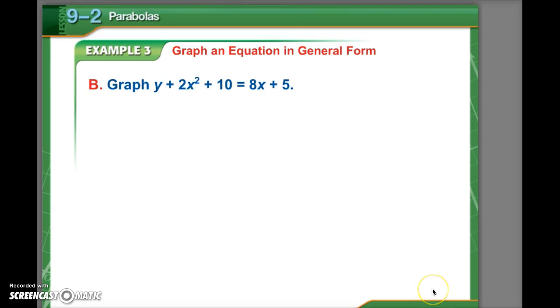Okay, part B of example 3, we're going to graph y = 2x² + 10 = 8x + 5. So this time we're going to want to move everything over to the right side and get y by itself.